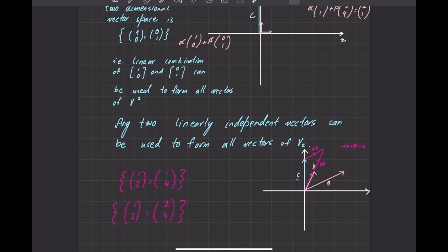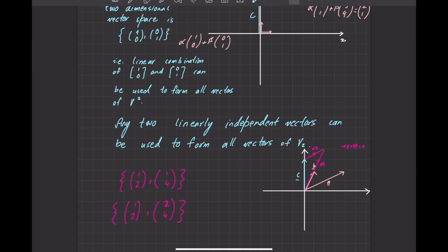Any two linearly independent vectors must form a two-dimensional subspace. Since the original vector space is two-dimensional, vectors A and B should span the whole two-dimensional vector space. Just like 1, 0, 0, 1 is an example of a basis, any two linearly independent vectors in a two-dimensional vector space should form a basis.